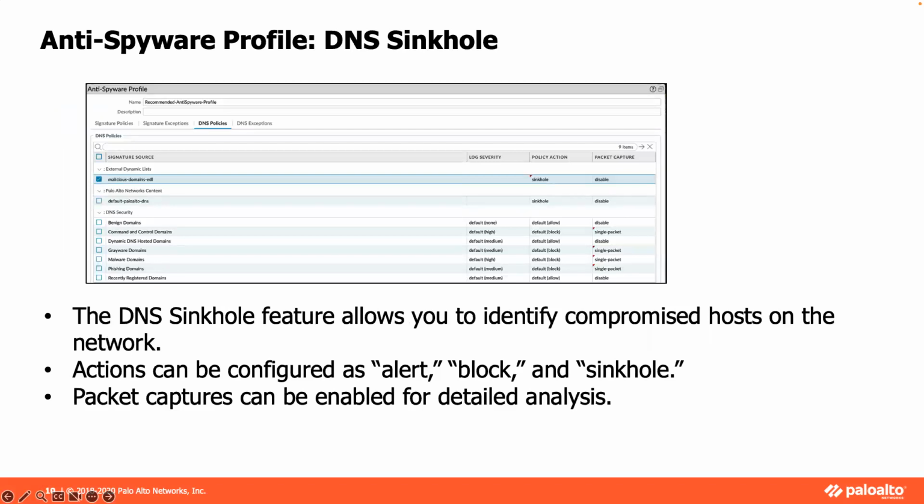So we have a constantly updated feed that is fed into Prisma Access and your on-premise firewalls, where we have a domain list of known bad sites, known phishing sites, known virus sites, and known things like that, spyware stuff, that is updated in real time by our threat intelligence group and the threat intelligence we get from WildFire and from our threat intelligence hunting group, Unit 42. Great folks.